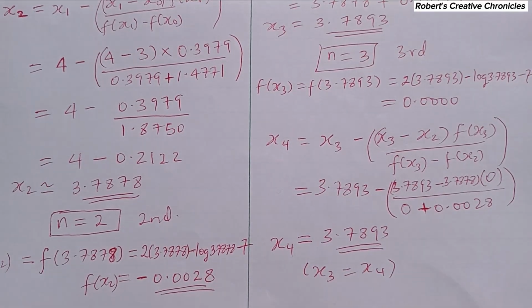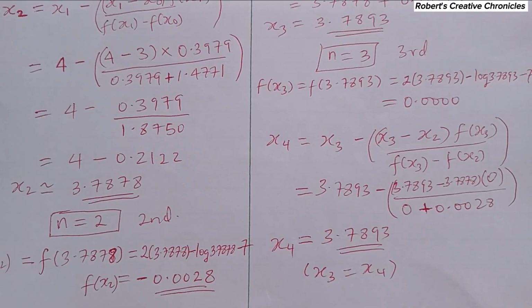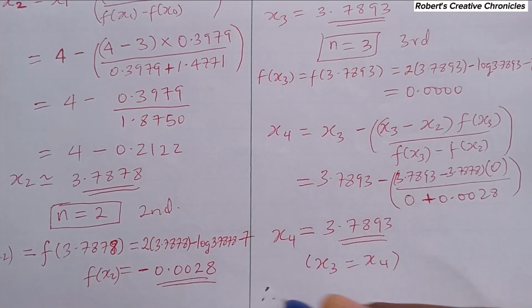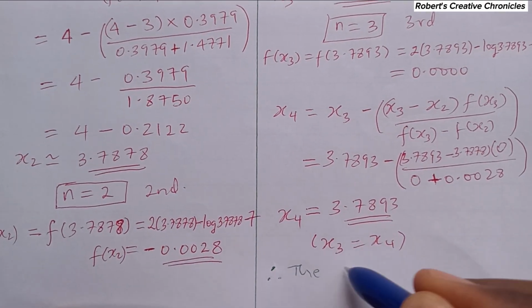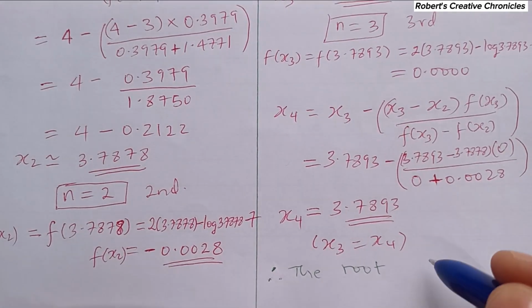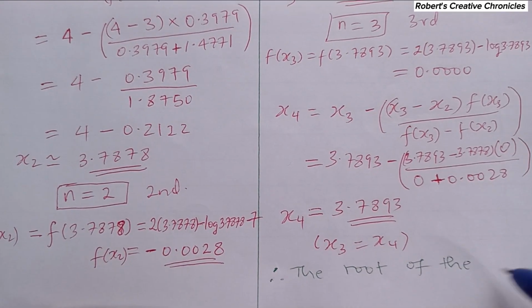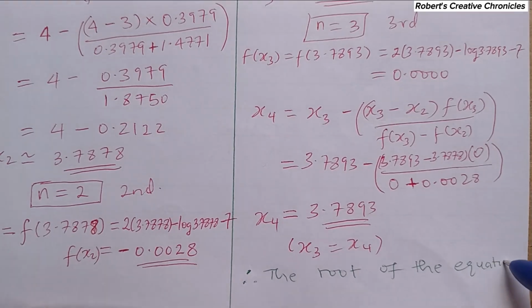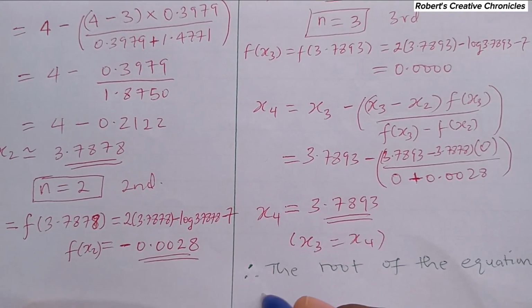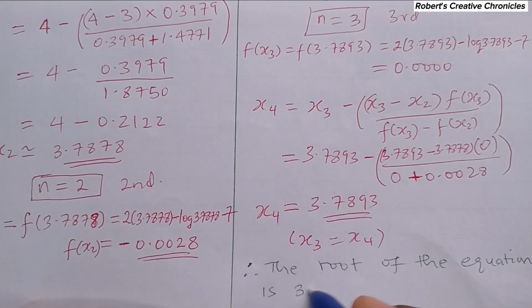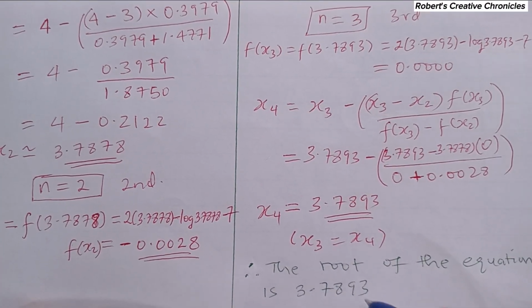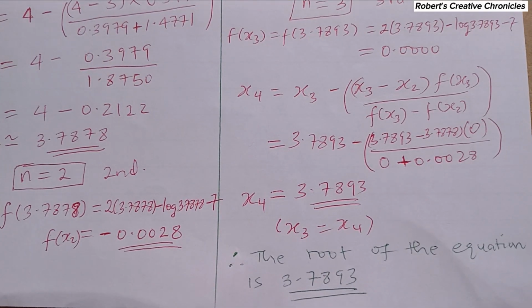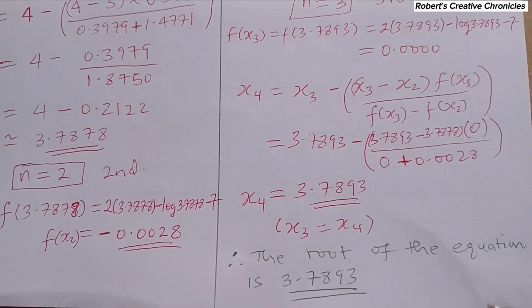So now we can conclude that the root of the equation is 3.7893. This is the root of the equation, or in other words, the approximate root.